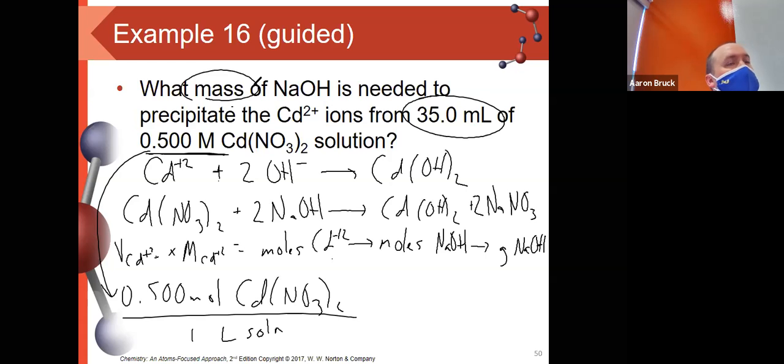Any fraction can be used as a conversion factor. I just need to flip it in whatever way is necessary to get it to cancel out the units the way I want to cancel them out. So if I take that perspective on, all I need to do to use this as a conversion factor is to get this milliliters into liters so that it'll properly cancel out, give me the moles that I want, and then I can use the rest of the balanced chemical equation to get me the rest of the way there.